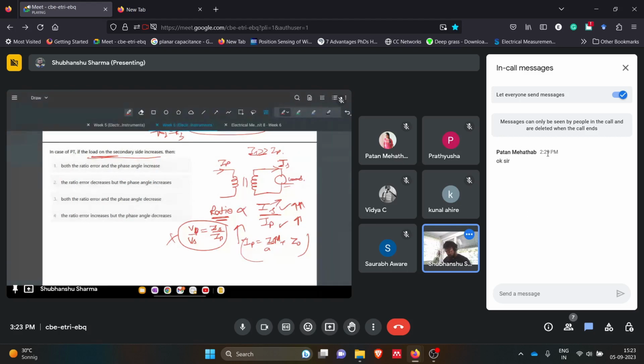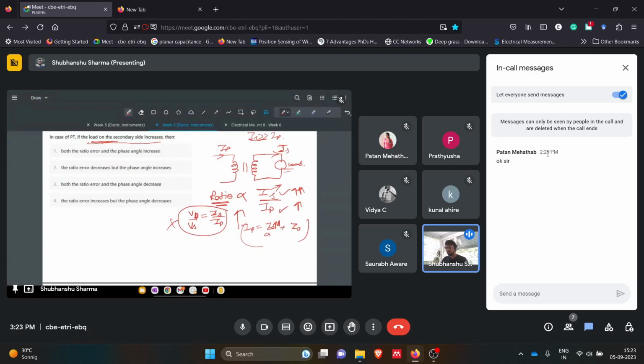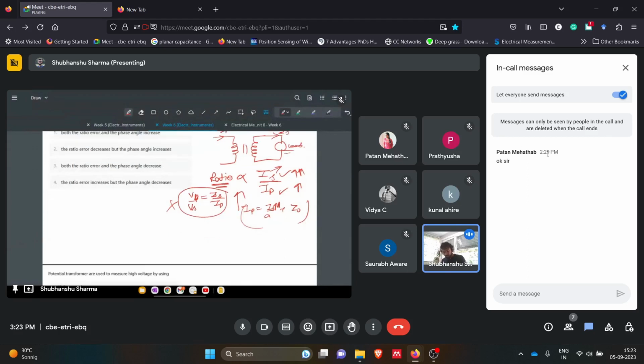Okay, one thing. The second thing they are talking about is the phase angle. So how will you comment on the phase angle of this? What happens is, Is increased, so what happened to the primary side, the Vp?